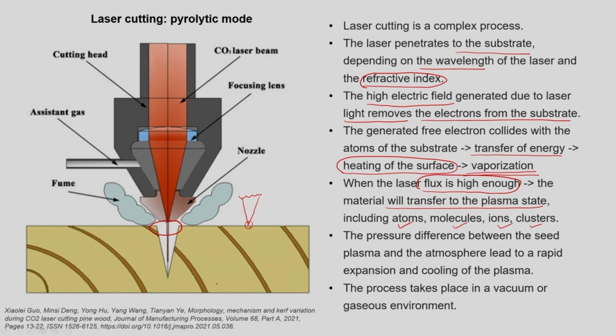This plasma is a high pressure, high temperature state of the material, and due to the pressure difference between the seed plasma and the atmosphere, there is a rapid expansion and cooling of the plasma. In general, the pyrolytic process may be carried out either in a vacuum or in a gaseous environment. Inert gases can be applied.